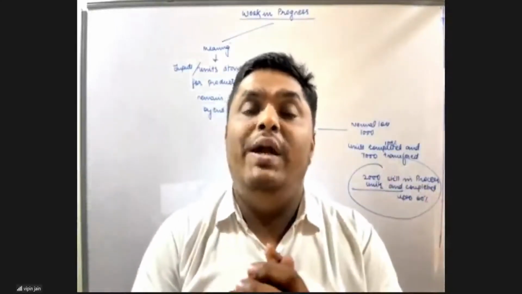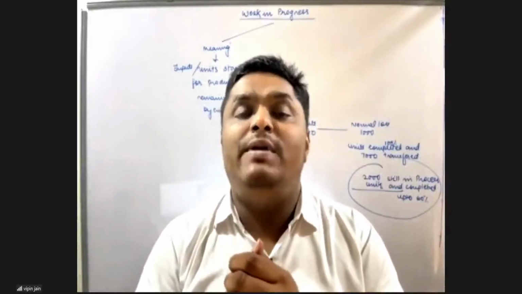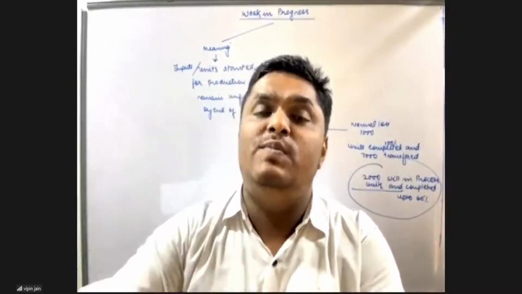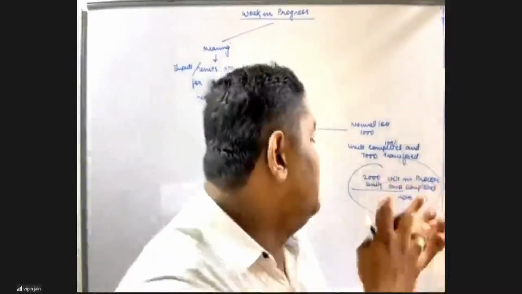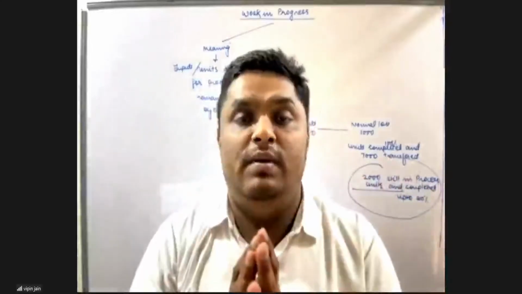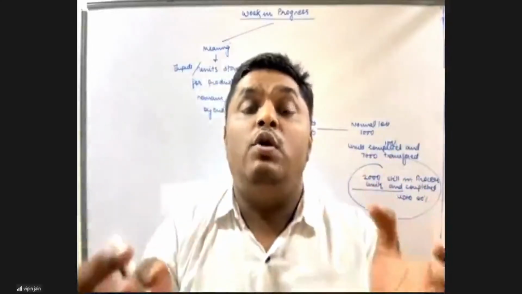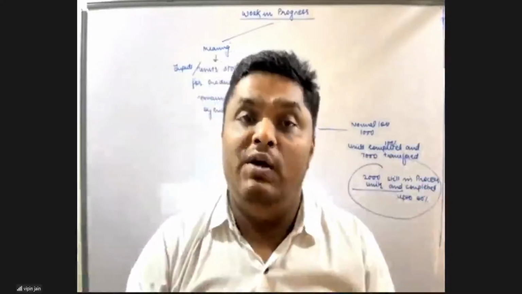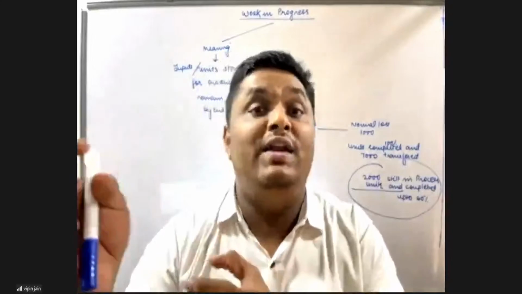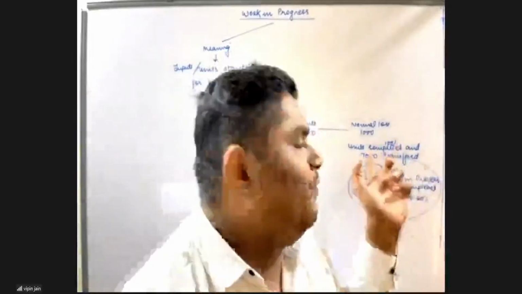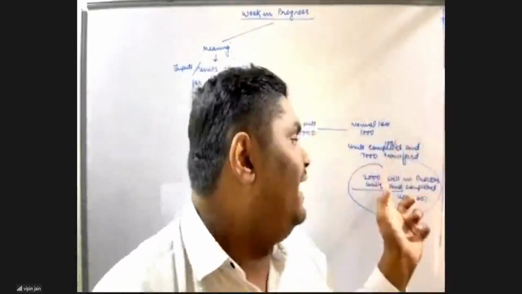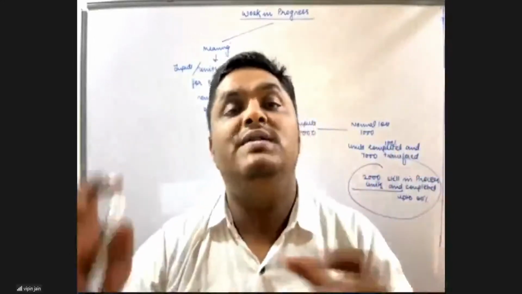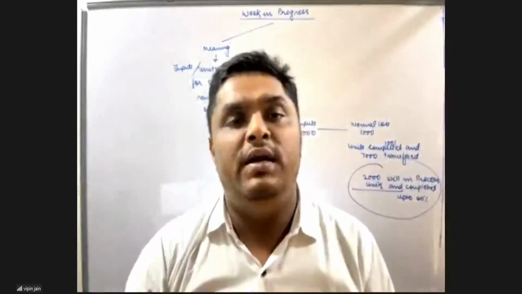Now guys, when talking about quantitative terms, we can easily identify that this many units are 100% complete, this many units are 60% complete. But when talking about monetary terms, it's very difficult to calculate. We cannot directly identify what will be the monetary value of 100% completed units and what will be the monetary value of 60% or 80% or 50% completed units.